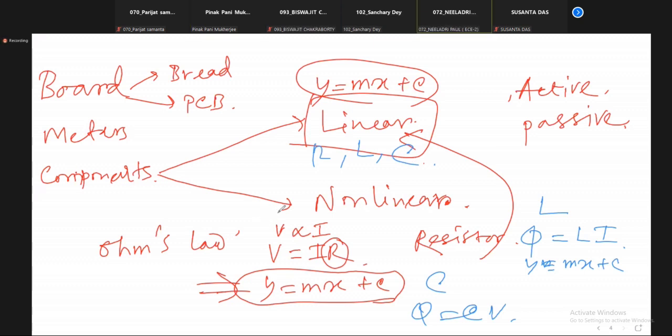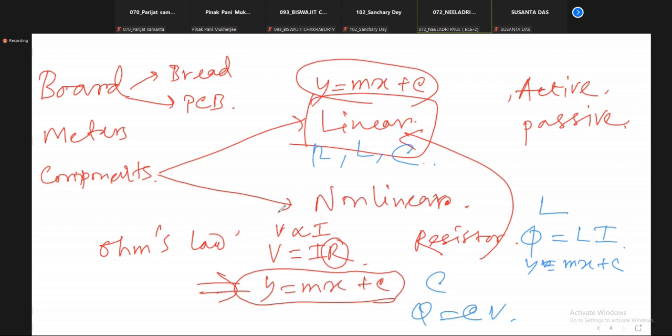Sir, one question. Suppose an element is following linear order, then after a certain point it is constant with respect to the x-axis.